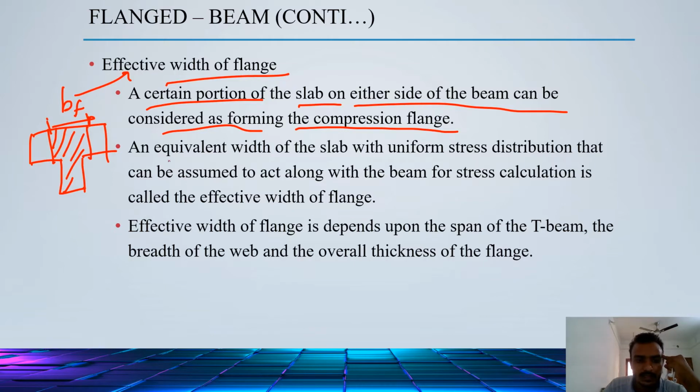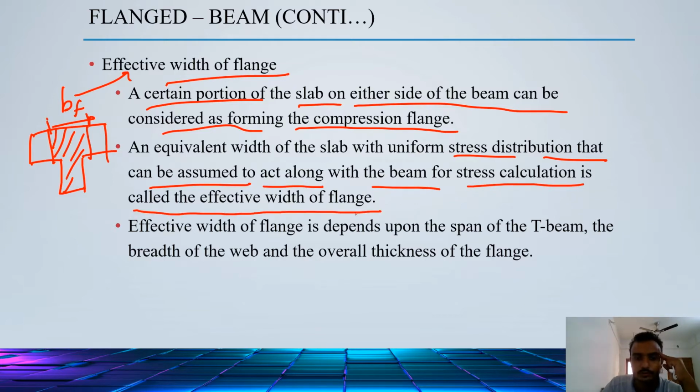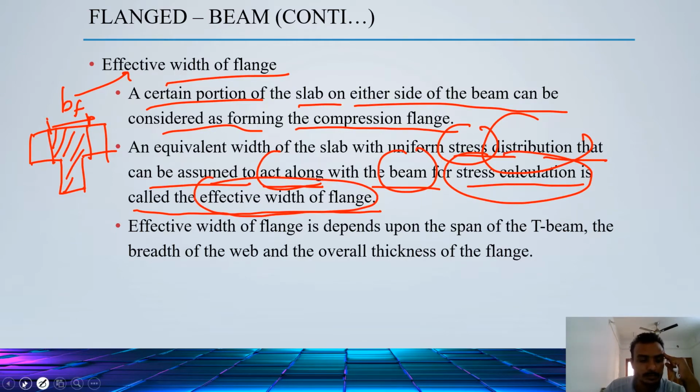The equivalent width of slab with uniform stress distribution that can be assumed to act along with the beam for stress calculation is called the effective width of flange.